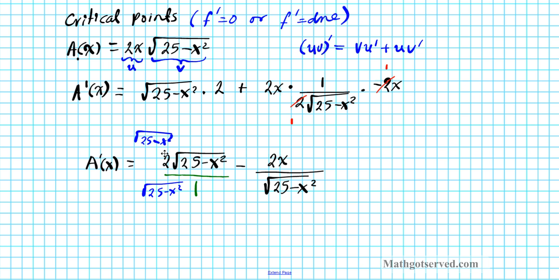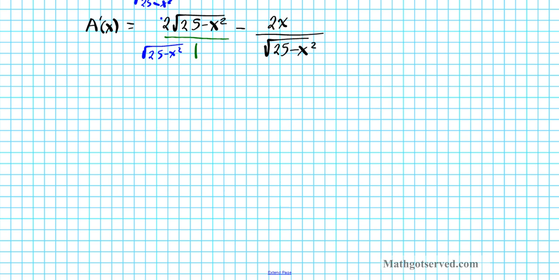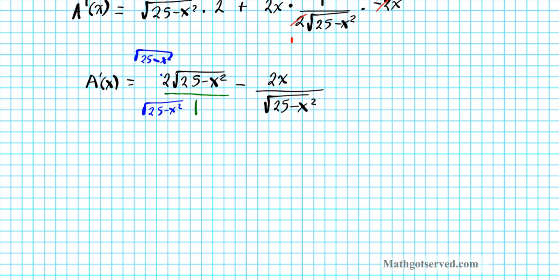All right, so if we carry out the multiplication on the top, you notice that these two radicals have identical radicands. So when you multiply them together, you're going to have 2 root 25 minus x squared minus 2x.